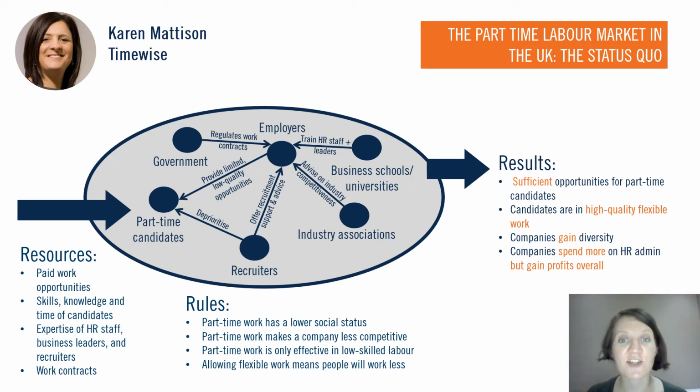She could say that she envisions a system in which there is a higher share of people employed part-time overall, that among part-time employees there is a higher share of high-skilled people in quality jobs, and there are overall sufficient opportunities for highly skilled part-time candidates, that companies gain diversity, and at the same time companies spend more on HR administration but gain profits overall.